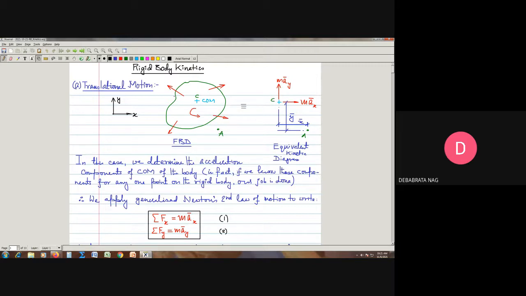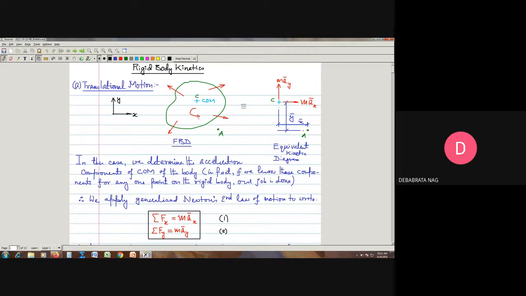It may be, say, some concentric circles in which they can move. So all the paths will be basically parallel and congruent to each other, and that we will call the curvilinear translational motion of a rigid body.